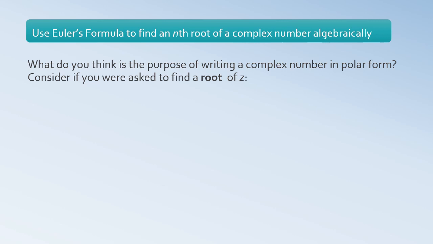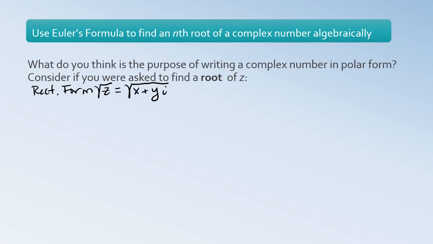If the complex number is in rectangular form and you were asked to find the root of it, let me just remind you that in rectangular form, if I said what is the square root, for example, z is equal to x plus yi, you would be taking the square root of this sum.